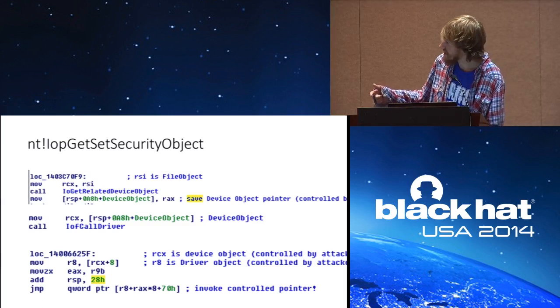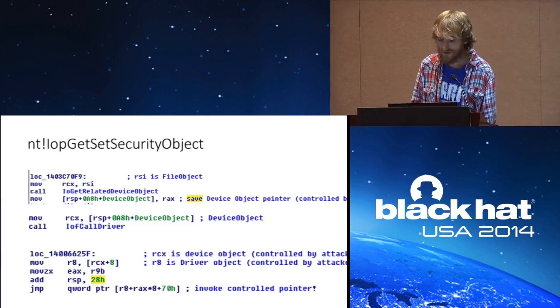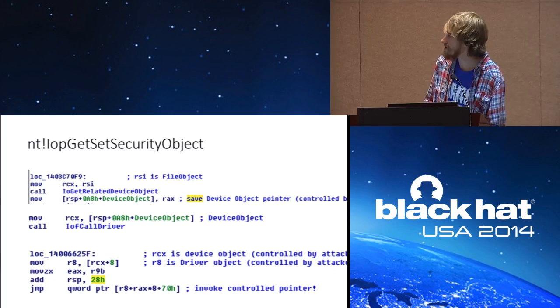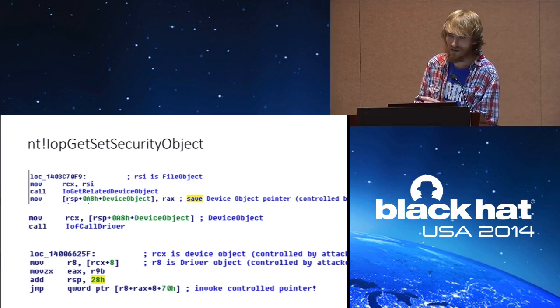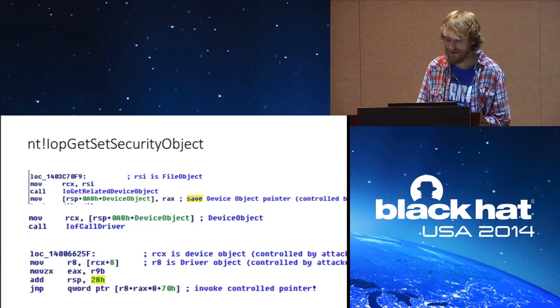But with SMAP, you have to craft it in kernel memory. So you have to have some way to construct a complicated structure in kernel memory.